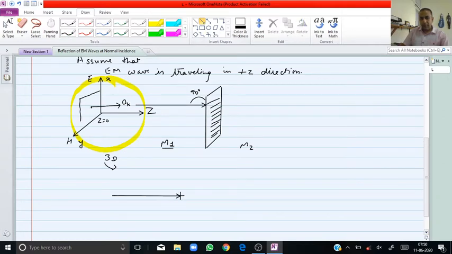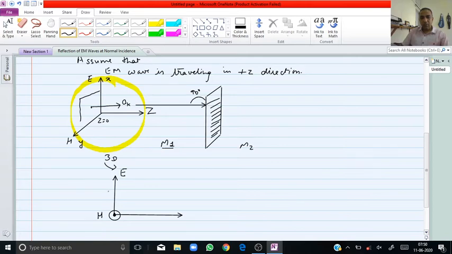This is your direction of propagation and this is your direction of E, that is electric field E, and H is in the direction of Y, which comes out of the screen. So this can be represented like this with a dot here. Okay, so this will be your H.